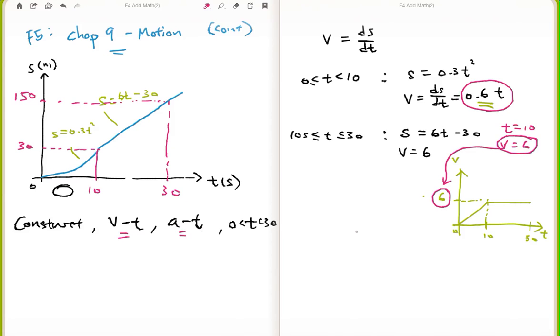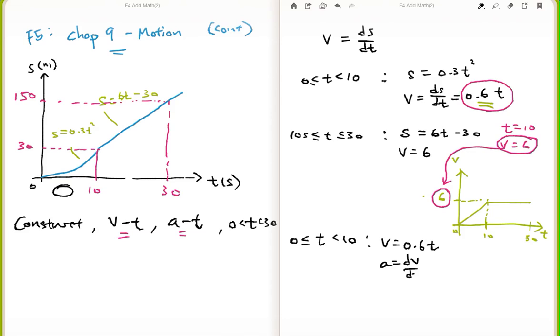How about AT? Well, the same is true. I need to know the range, because for a different range of the graph, the equation is different. From 0 to 10, my v I calculated just now is 0.6t. Therefore my acceleration, the rate of change of velocity, will be 0.6.